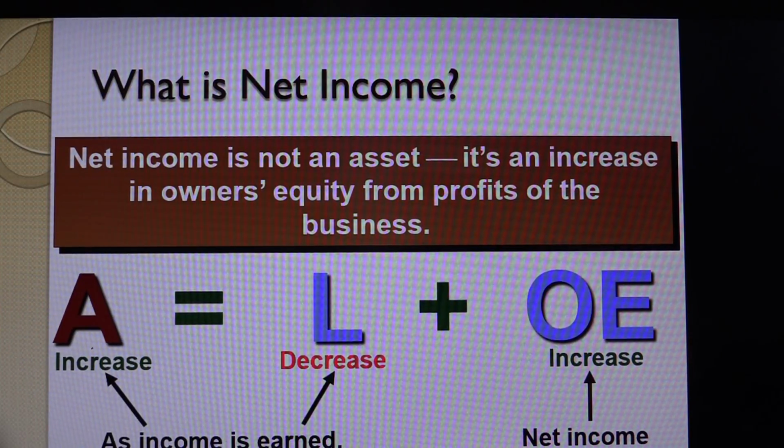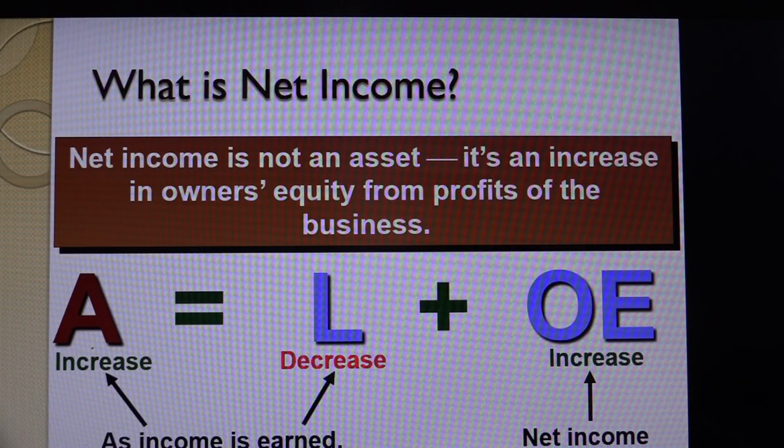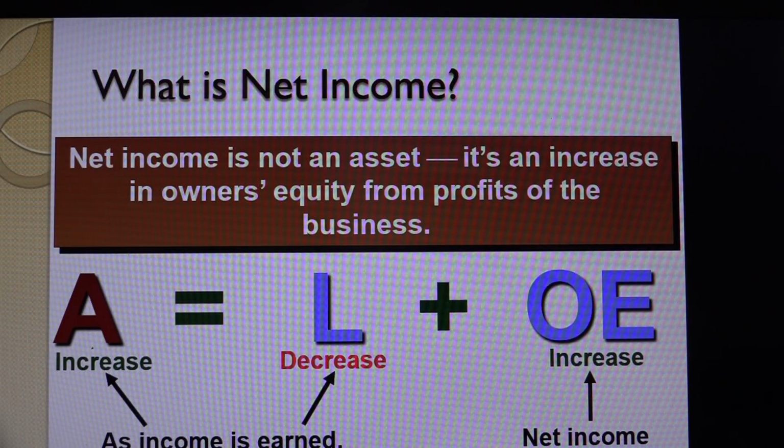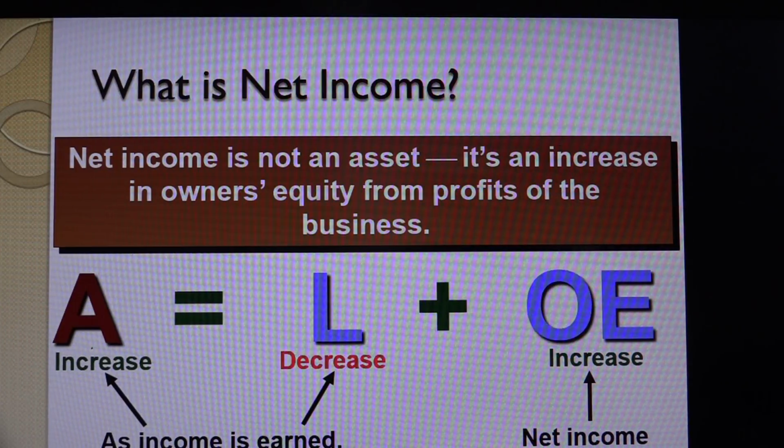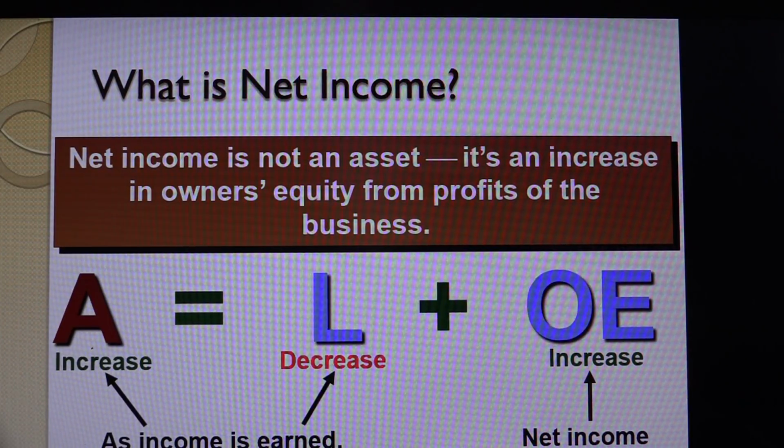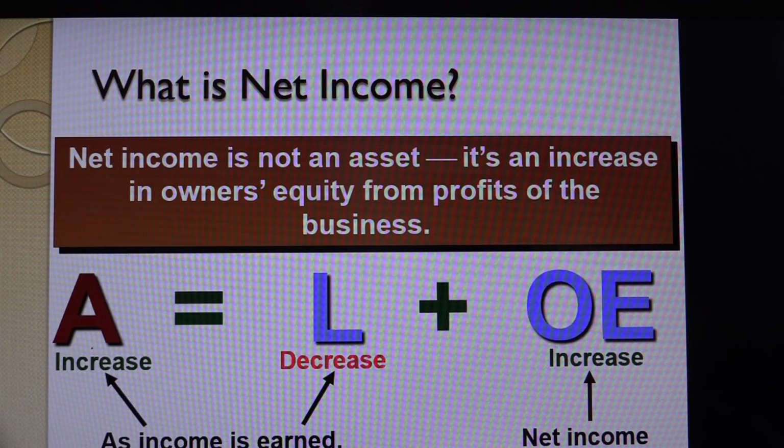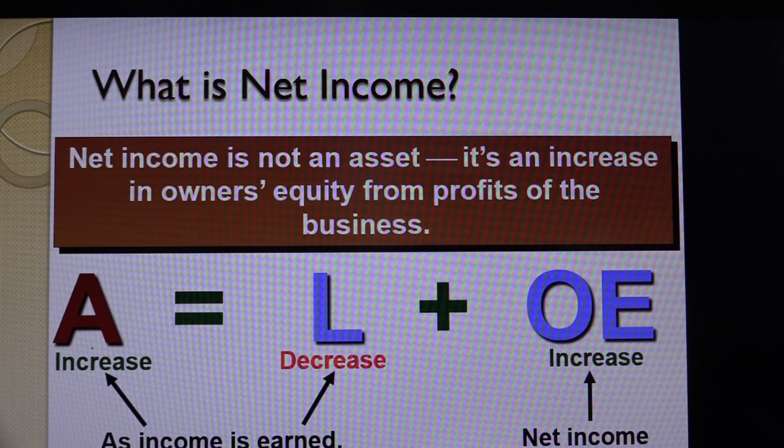So anything that's a credit increases owner's equity. So expenses reduce owner's equity. So expense accounts have a debit balance which decreases owner's equity. Revenue accounts have credit balances because they increase owner's equity.